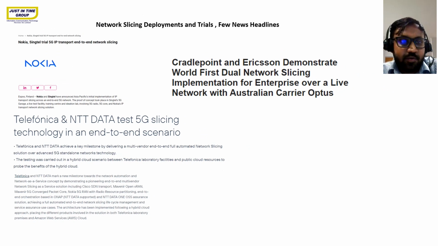For example, Telefonica and Nokia; very recently Nokia did some trial with Singtel, and Telefonica has recently done a network slicing trial. There are a lot of early end-to-end network slice trials already ongoing. The main challenge is you need radio network, transport network, and core network readiness to do end-to-end network slicing. So it's a challenging task.